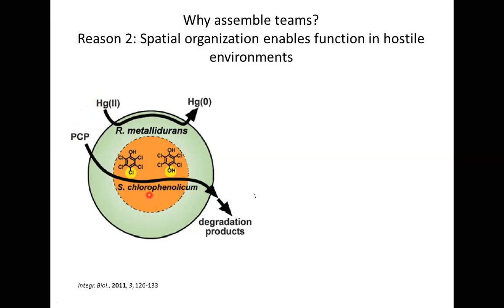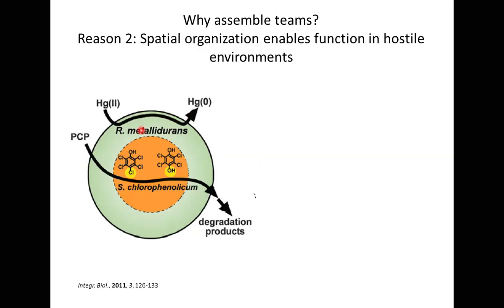To prevent the killing of the S. chlorophenolicum, the Ismagilov group surrounded it with Ralstonia metallidurans. It's a different species of bacterium which is capable of reducing the mercury to metallic mercury, which is much, much less toxic. So these two bacteria working together are capable of dealing with this complex and hostile environment in a way that just one of them by themselves wouldn't be able to handle it.